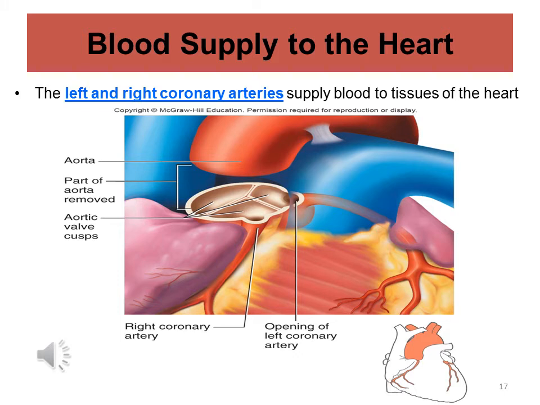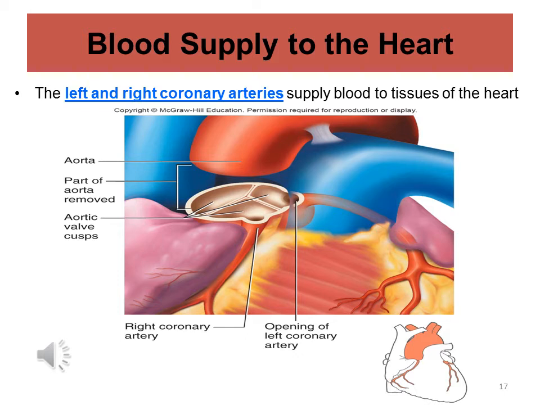We've talked about the pulmonary circuit, and we've talked about the systemic circuit, but what we haven't talked about is how the heart itself gets blood. So as we look at this, we have to understand that it has its own blood vessels, its own blood supply that is actually not part of the systemic circuit or the pulmonary circuit.